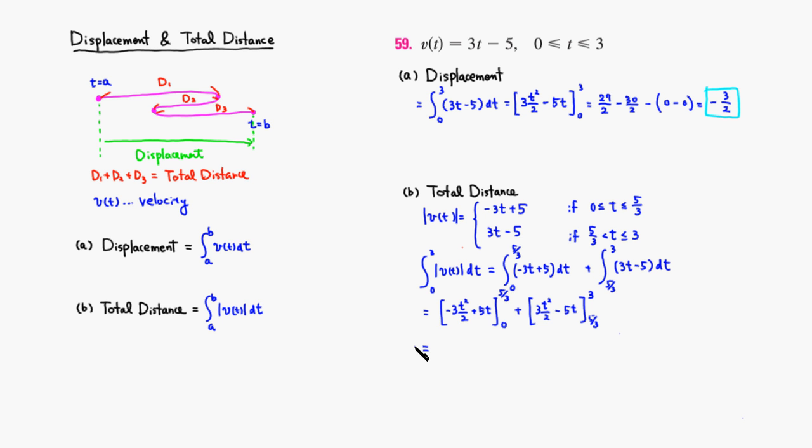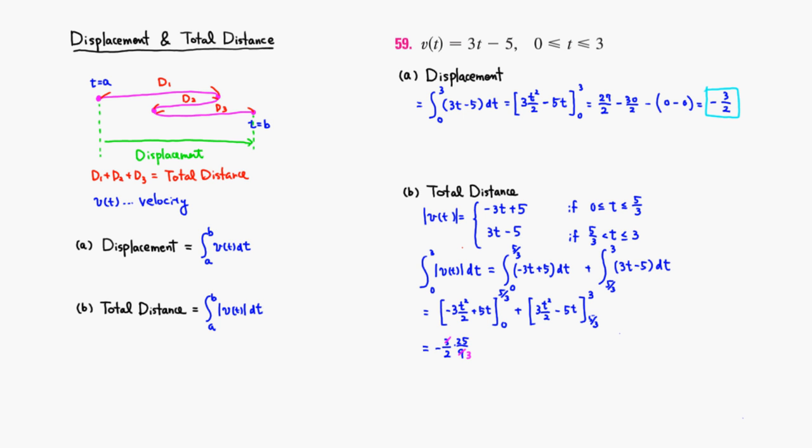So let's evaluate here. We plug in the top number first. You have negative 3/2, and you have to square 5/3, so it's 25 over 9. We can simplify that: 3 and 9 cancel out, so you have 3.